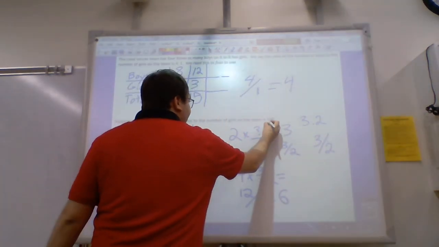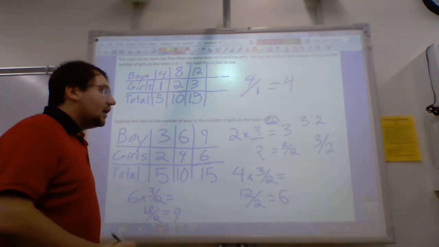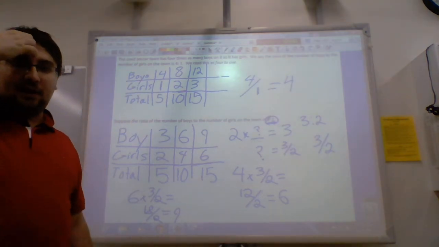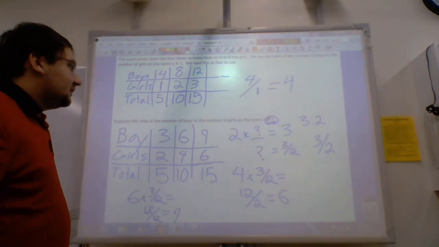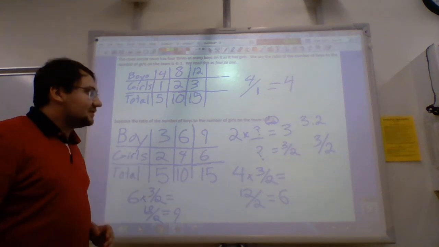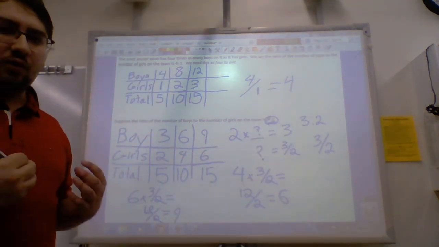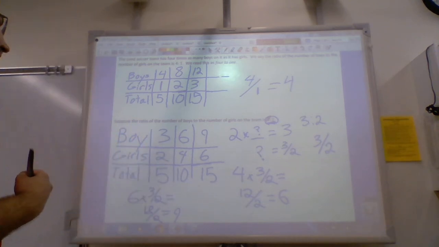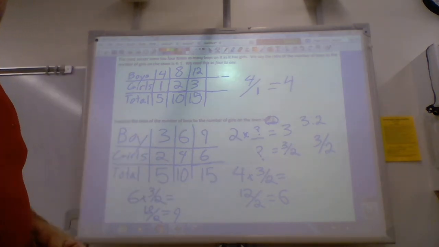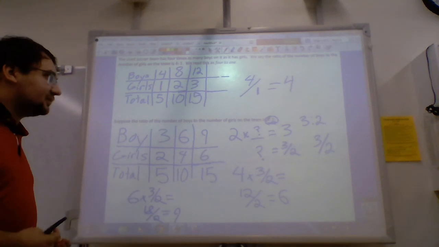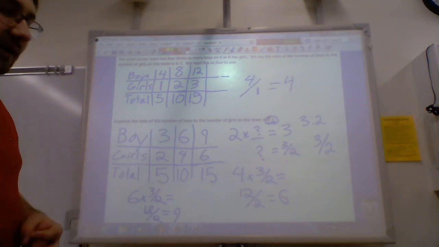So if we have a number that's not 1 in our ratios, the way to get from one number to the next is by changing the colon between our two numbers into a fraction bar and using that to multiply or to divide.